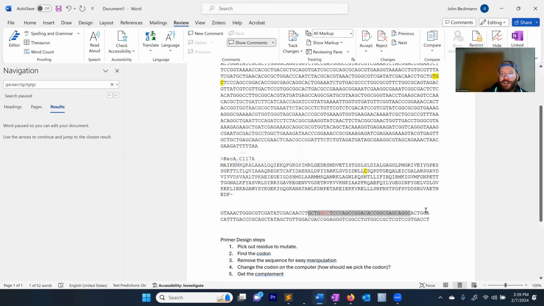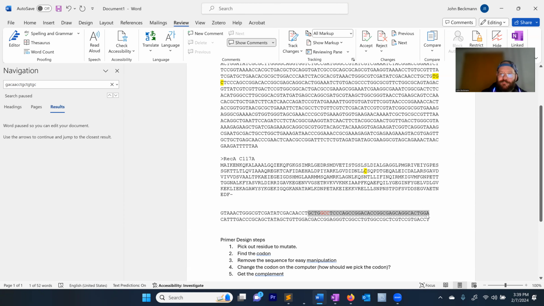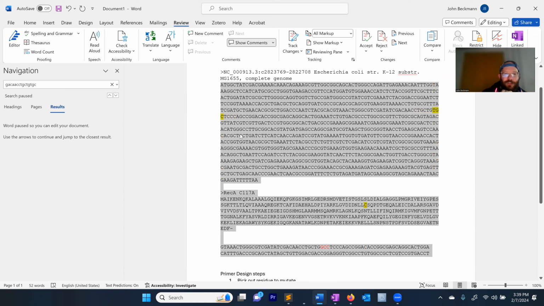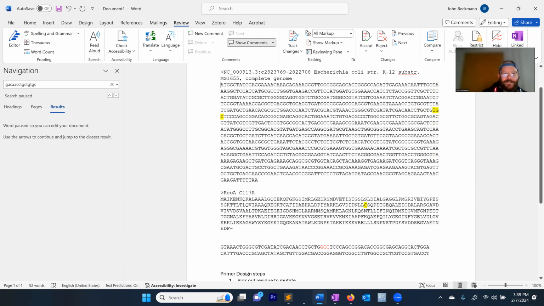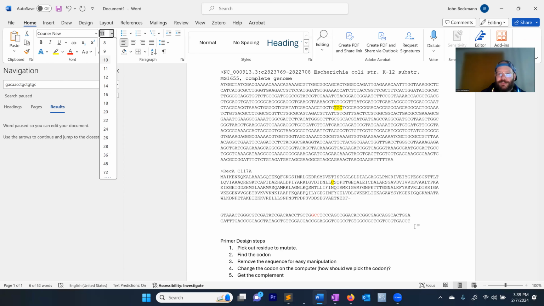That's 33. How much is this? 39. I'm debating. What I should actually do is reduce the size of the font and pull more text. Hang on.